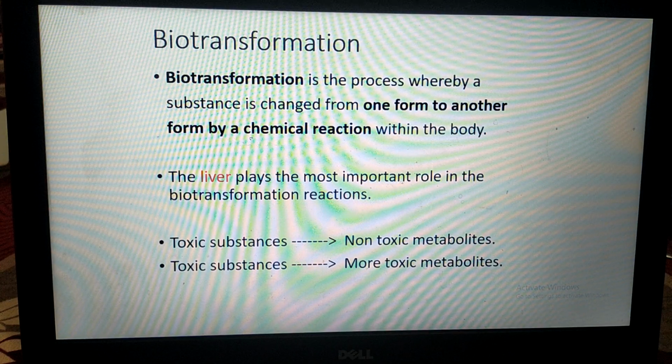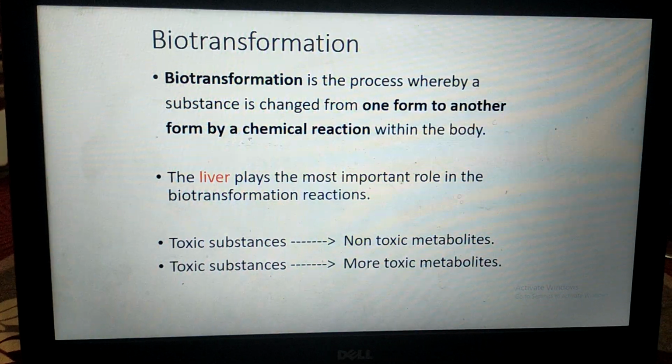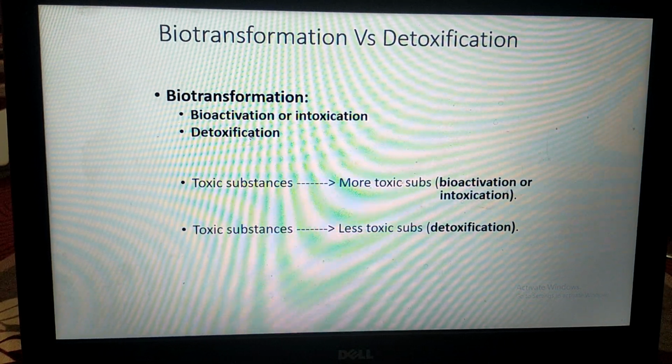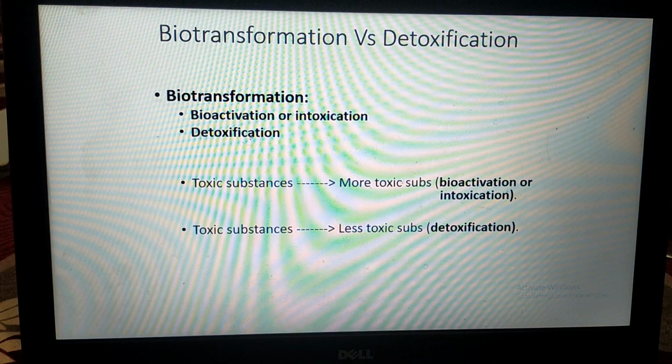During biotransformation, sometimes toxic substances are converted into non-toxic metabolites, or sometimes into more toxic metabolites. Depending upon this, biotransformation is of two types: bioactivation or intoxication, and detoxification.